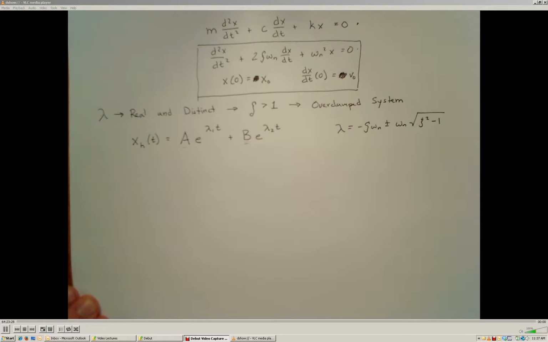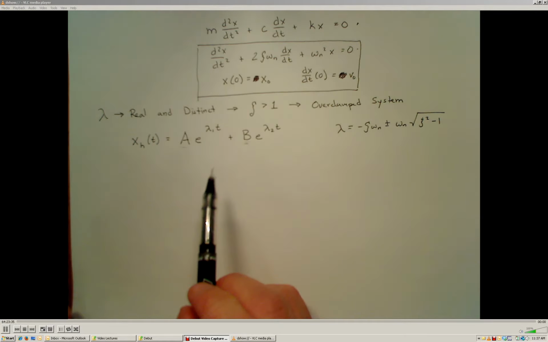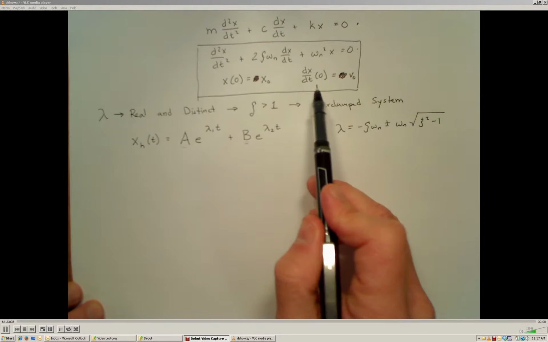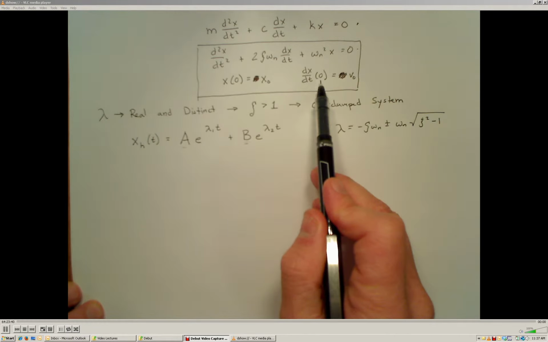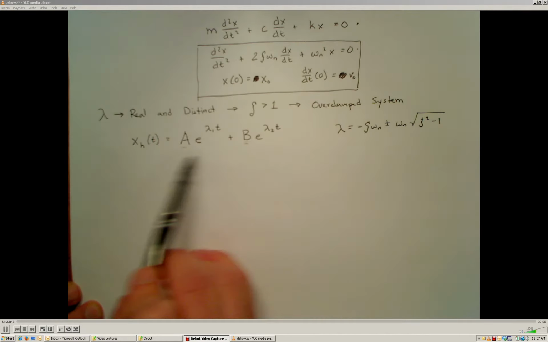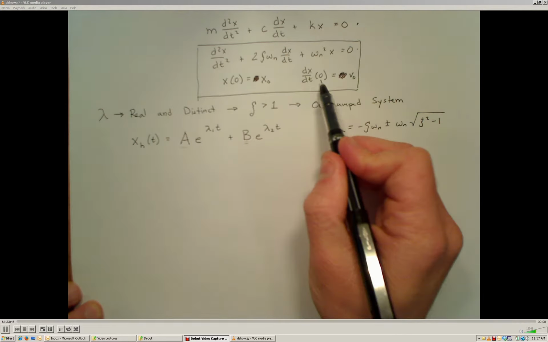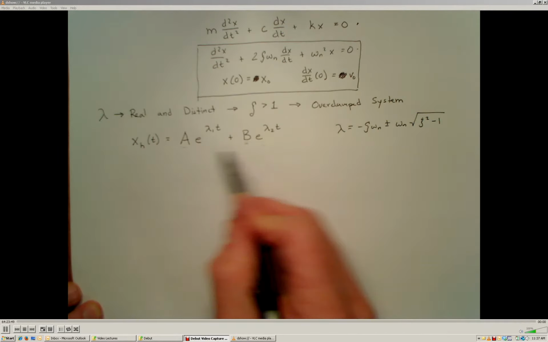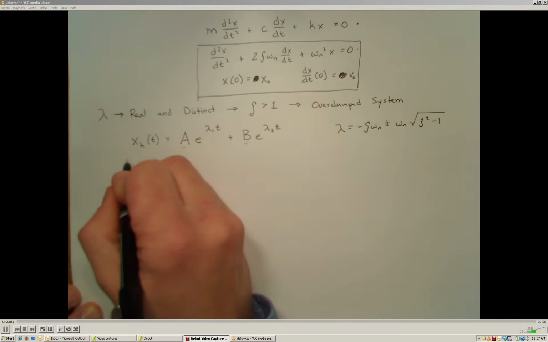Before we do that, I'm going to have to take the derivative of my homogeneous solution in order to apply the initial conditions.